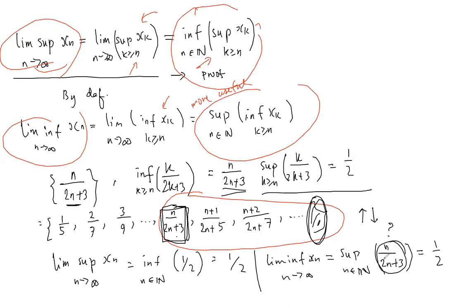So your lim sup and lim inf are both equal to 1 over 2. They are the same, so we conclude that this sequence converges to 1 over 2.